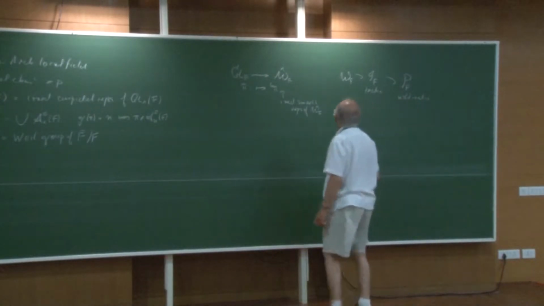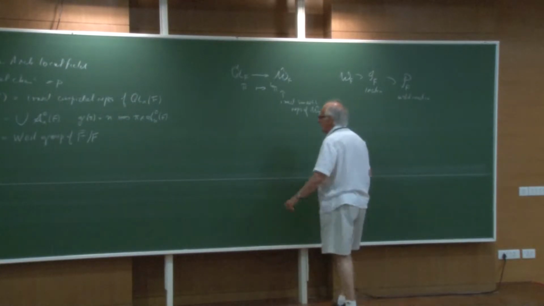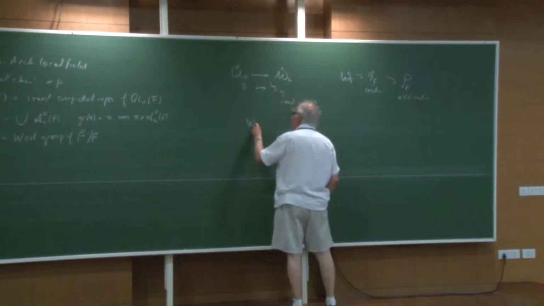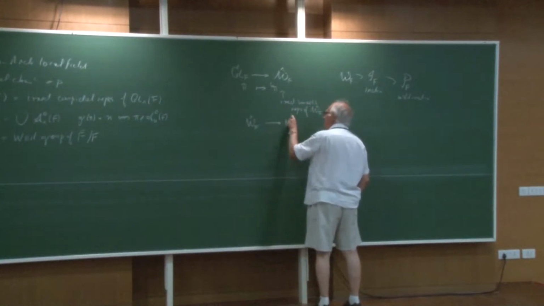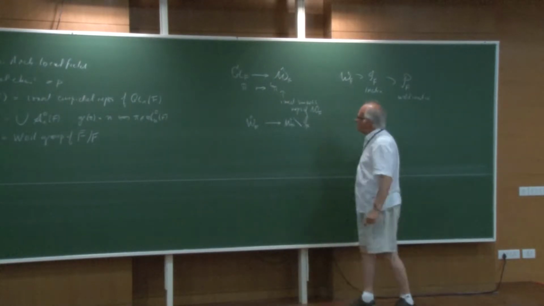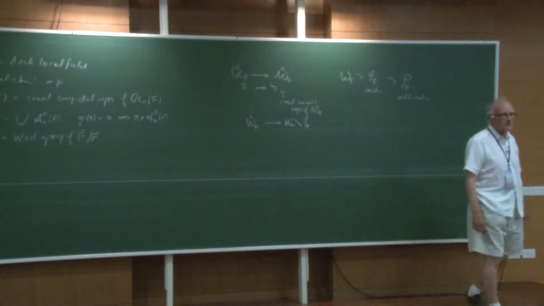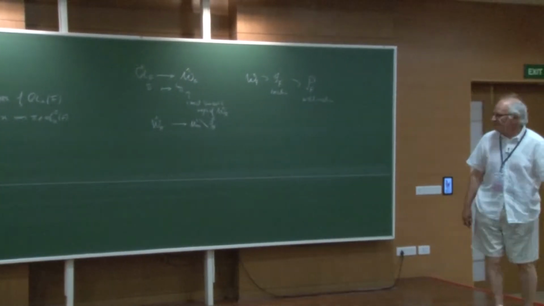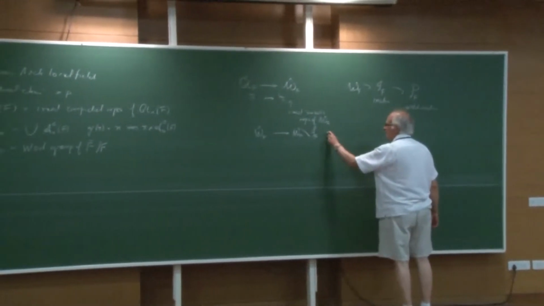So if I take this picture, I can look at, on representations, I've got a restriction map. Sorry, that's not very clear. I can restrict an irreducible representation to the inertia group, and I get a conjugacy class of irreducible representations of inertia.